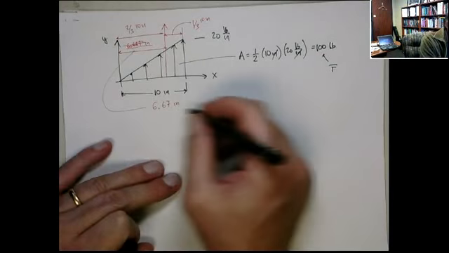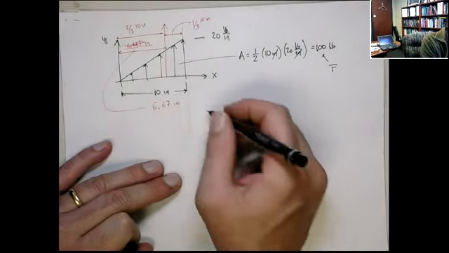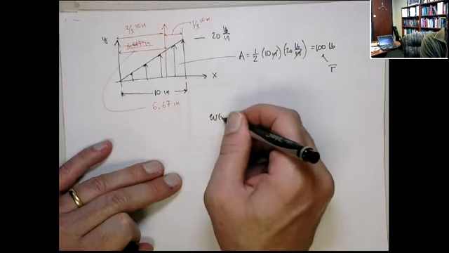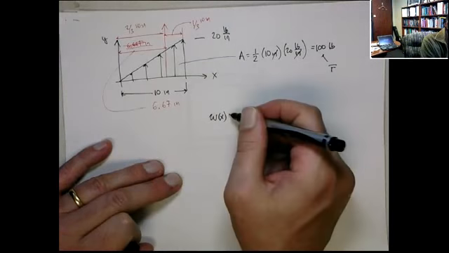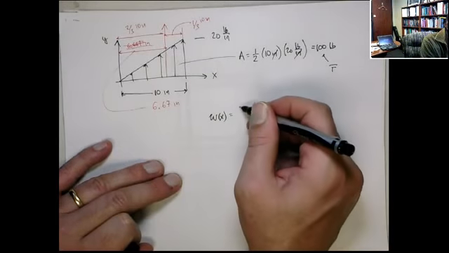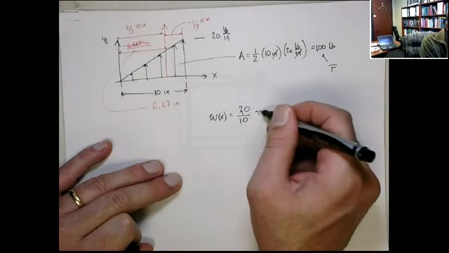You could also get that location from the integral. In this case, if you wanted to actually perform the integral, you have to know the distribution. So the distribution in this case is going to be 20/10 times x, 2x.